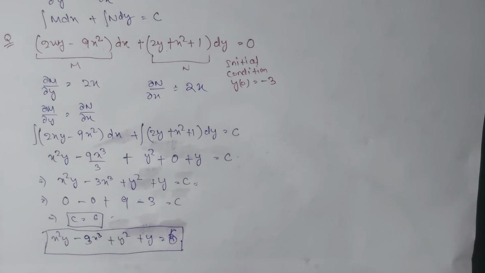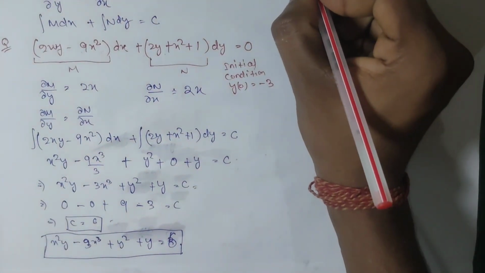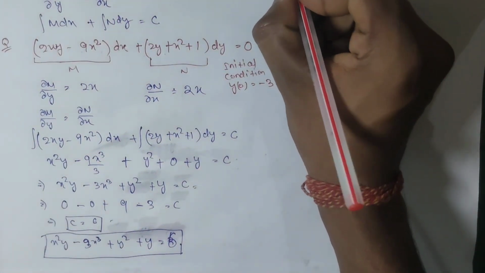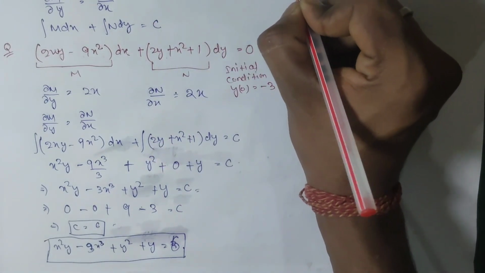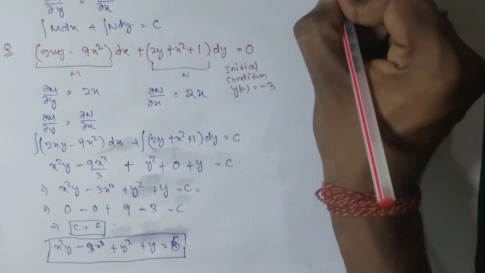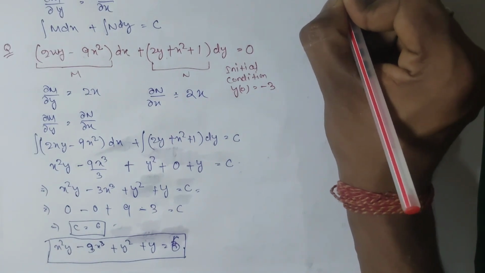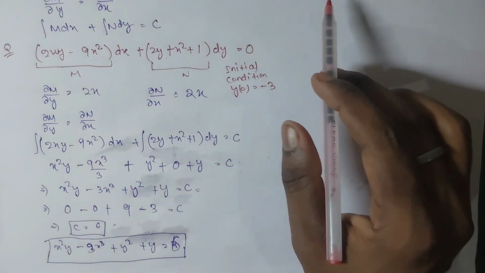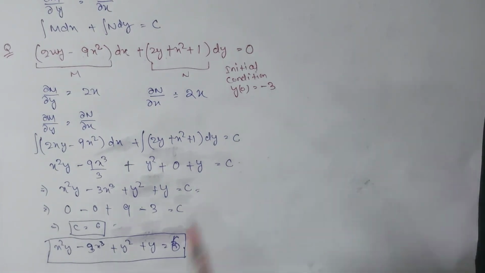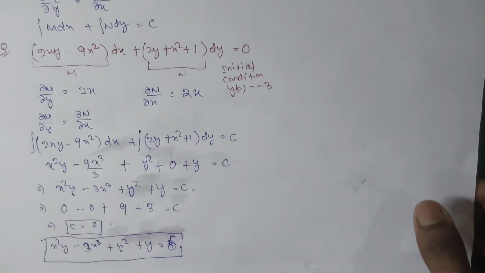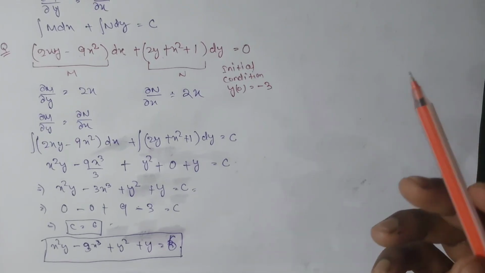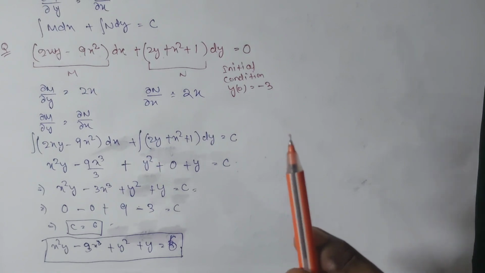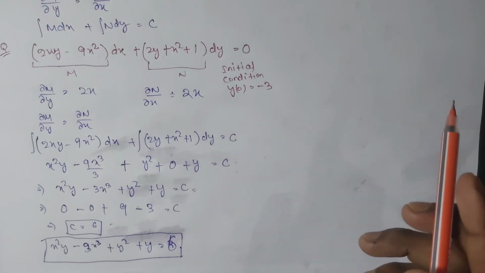Let's talk about what happens if in a given differential equation ∂M/∂y does not equal ∂N/∂x. Then the equation is not an exact differential equation, it is a non-exact differential equation. Then we can solve this non-exact differential equation by converting it into an exact differential equation.